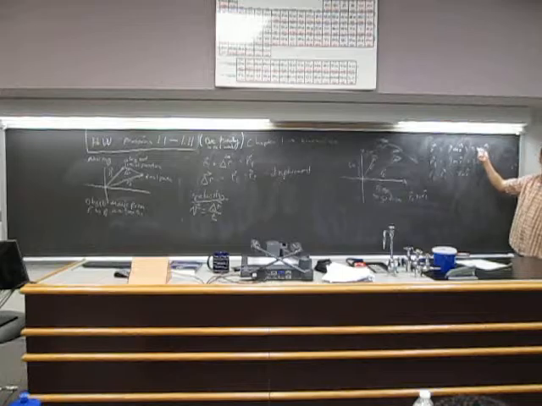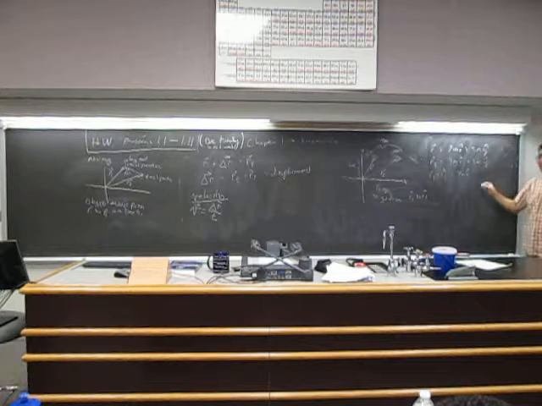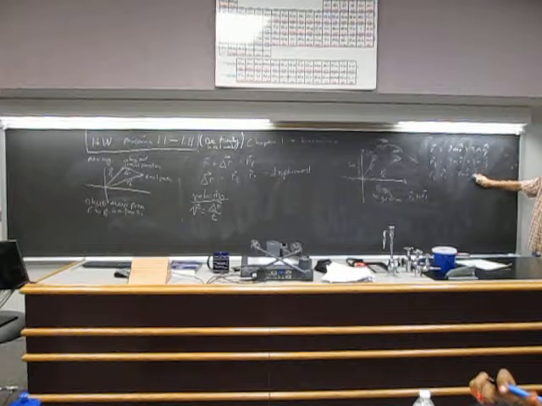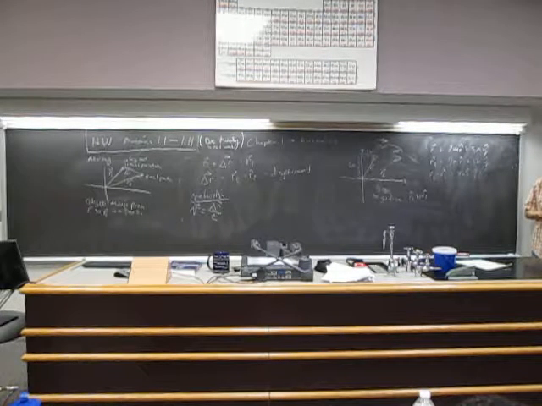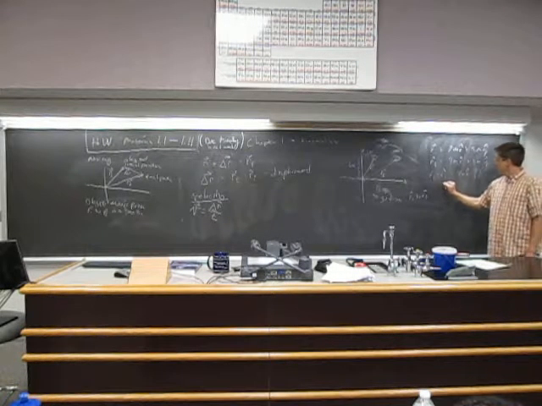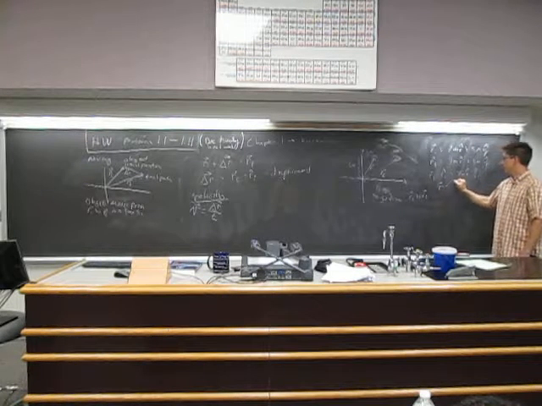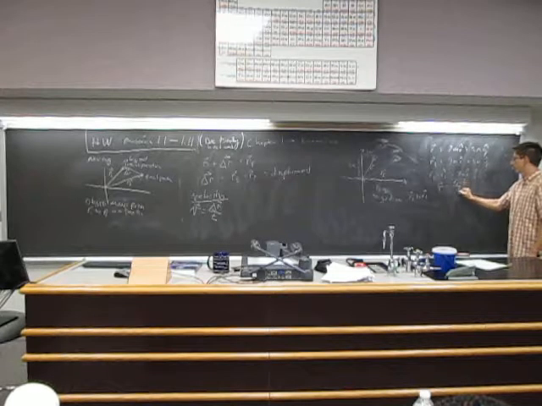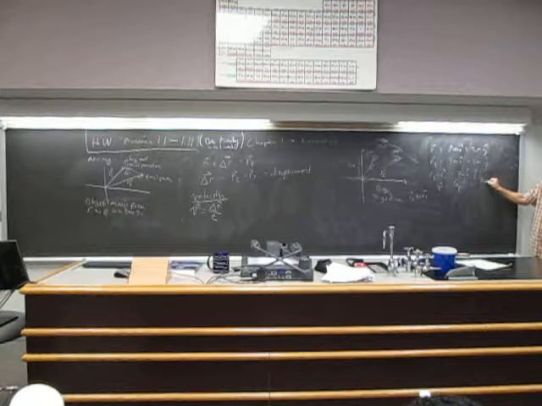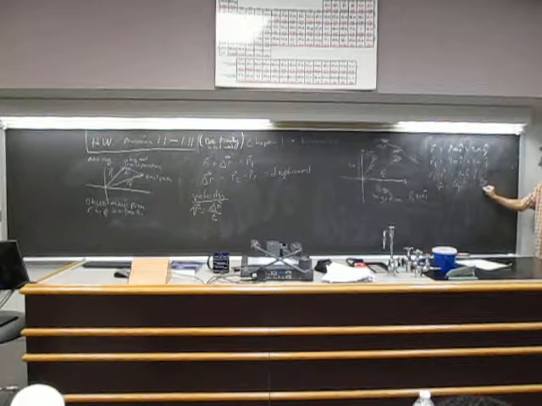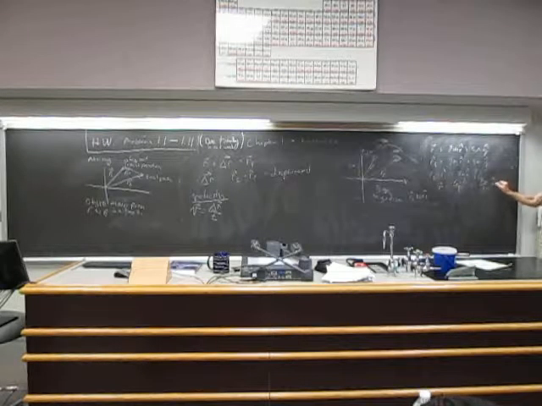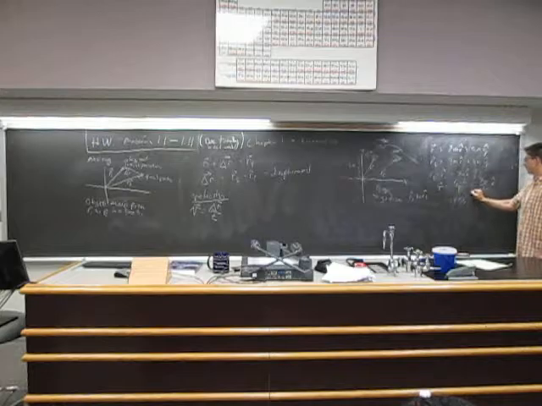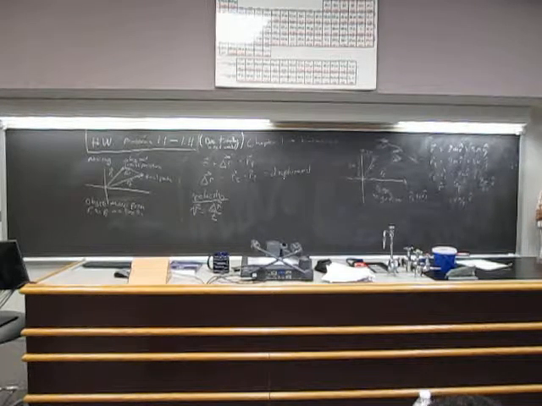I take this 5, subtract this 5 from it, so that'd be plus 0 y hat. Just ignore that. And so velocity is going to be our final minus our initial vectors over t, which would be 7 meters over 5 seconds x hat, which is 1.4 meters per second x hat. Follow?